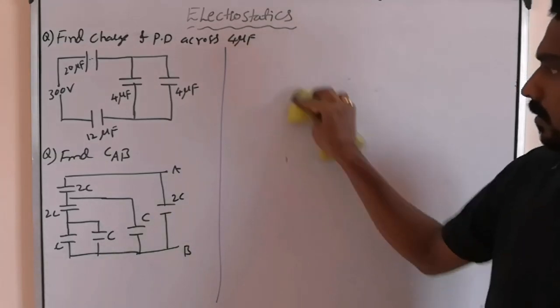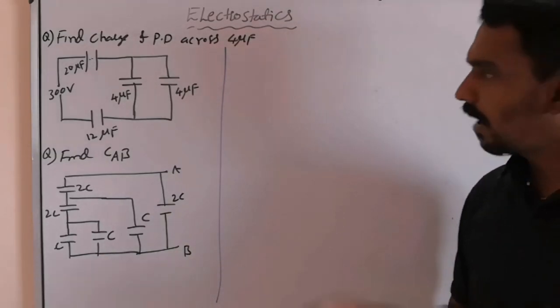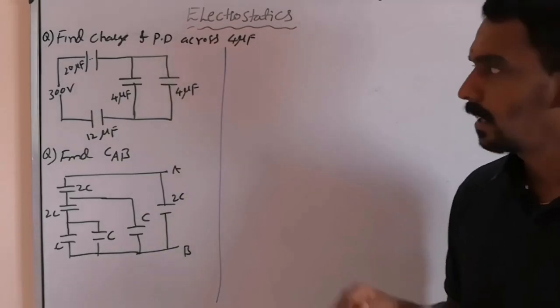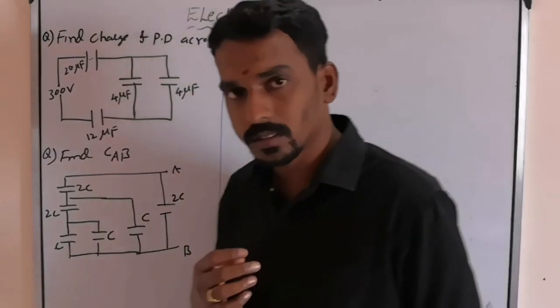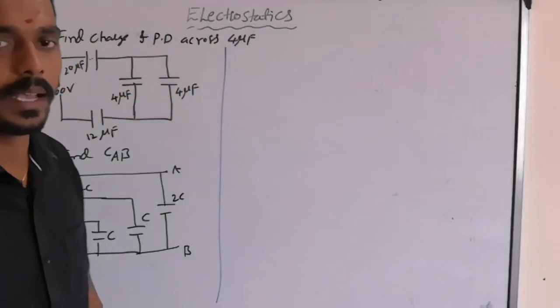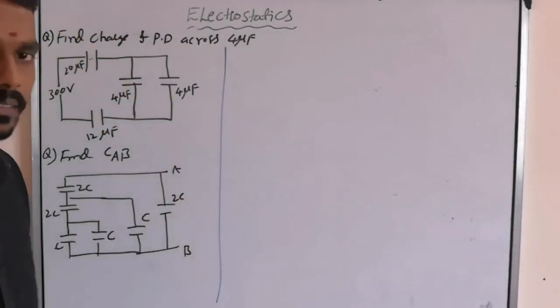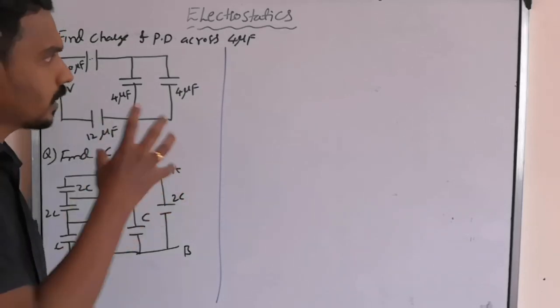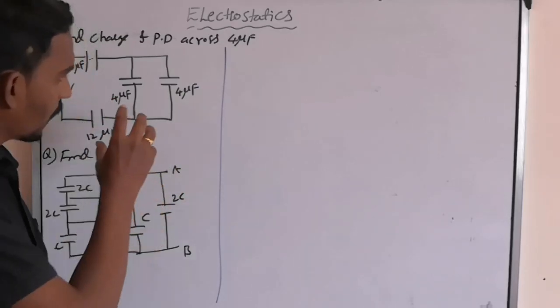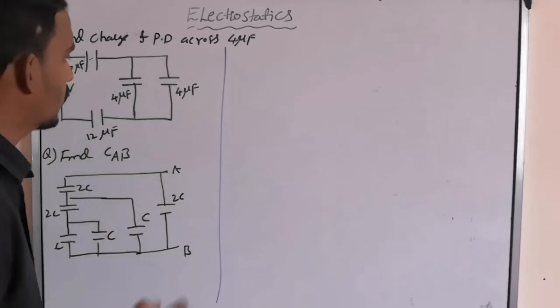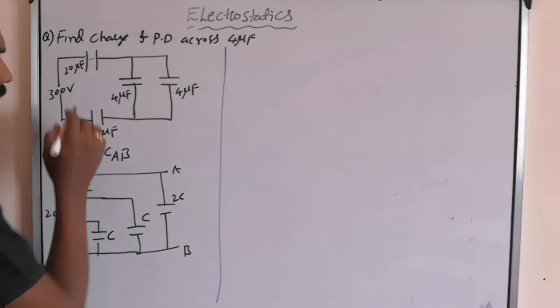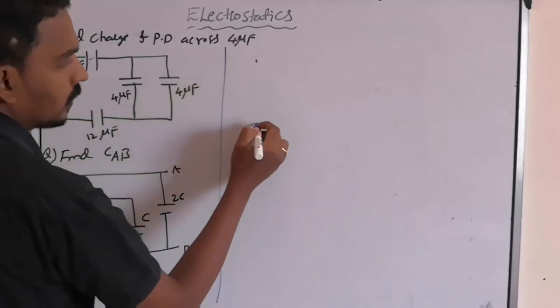After this, when you take the questions, mainly you will get questions based on the effective capacitance between 2 given points, and in the given circuit, for any particular capacitor they will ask the charge or potential difference. Like the very first question, see here.